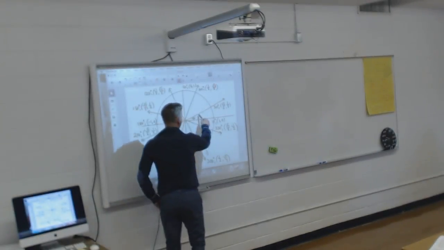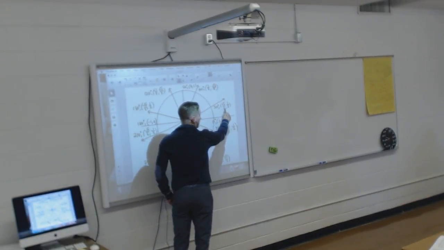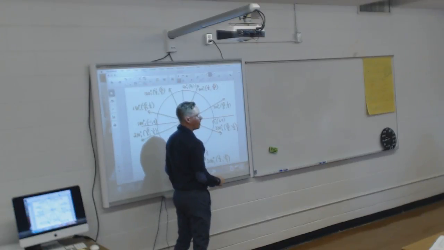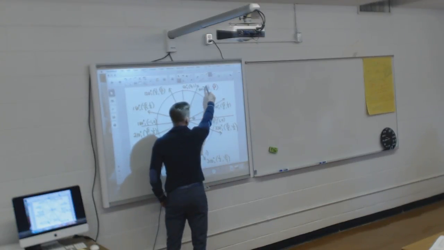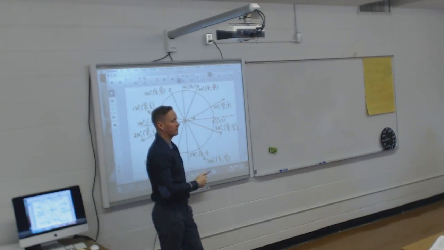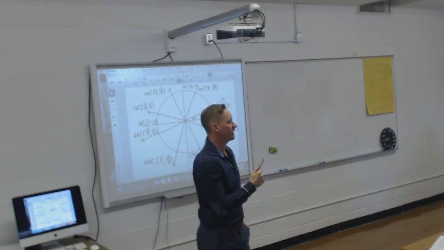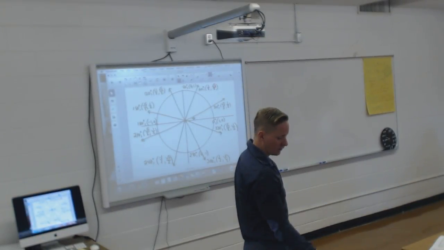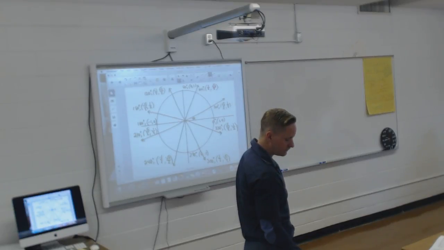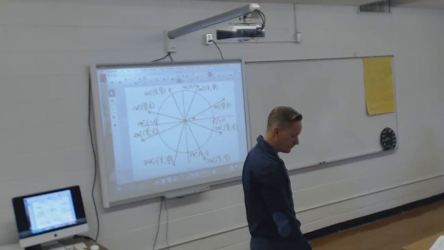If it's a 30-degree reference angle, your values are going to be 1/2 and root 3 over 2. All you're changing is your negative signs. If it's a 60-degree reference angle, it's going to be 1/2 and root 3 over 2. All you're going to change is your negative values. And you keep going around the circle. Take a look at page 70. I want you to fill this in right now.